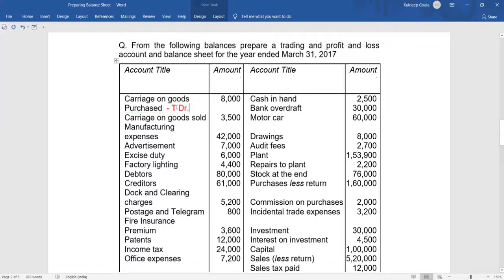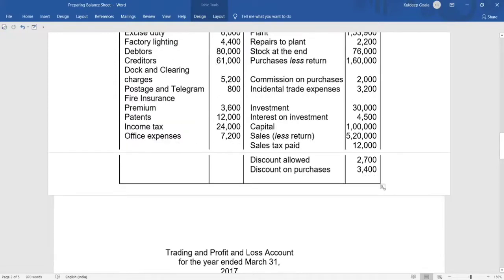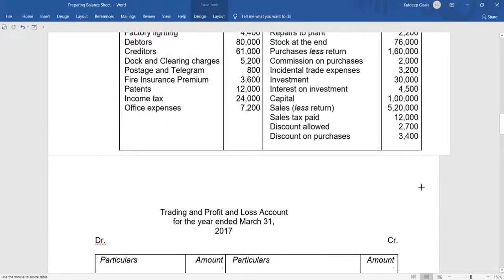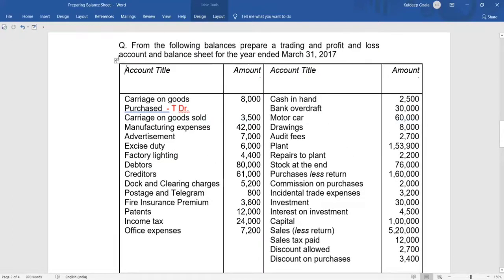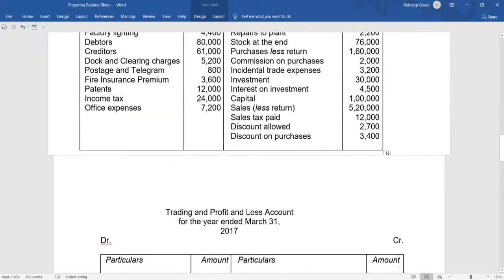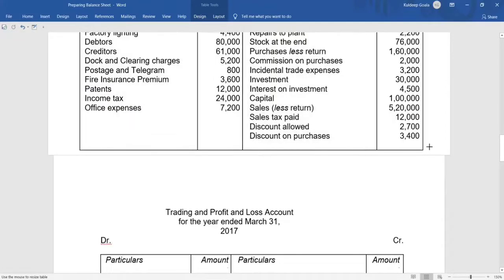Then coming to the next one, carriage on goods sold. So obviously it is going to go in the profit and loss account, isn't it? Before that, let me make it a little bigger so that we can get a little more space in solving the sum.